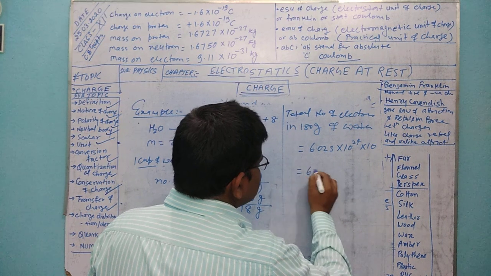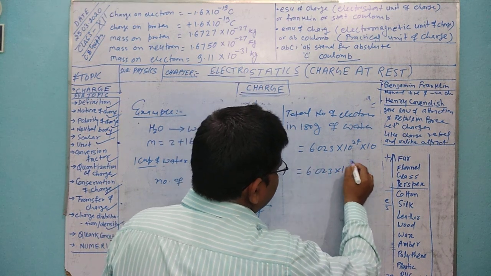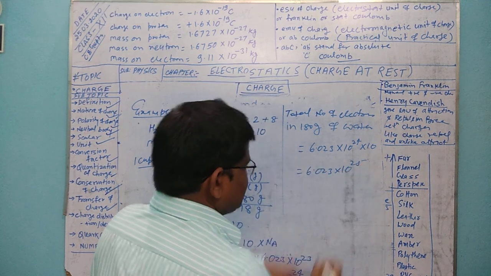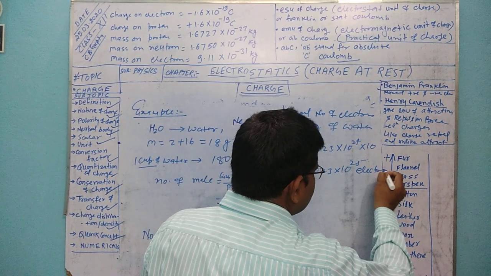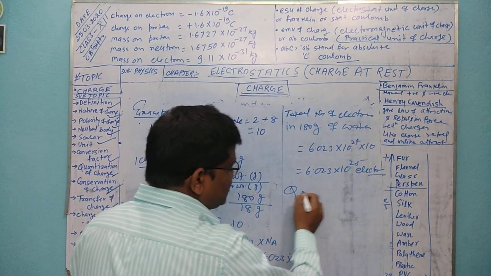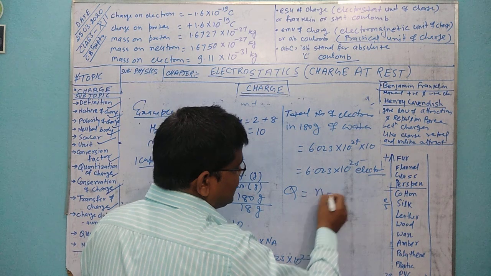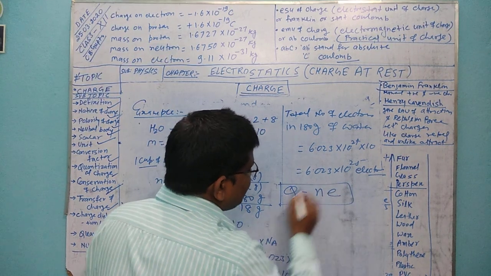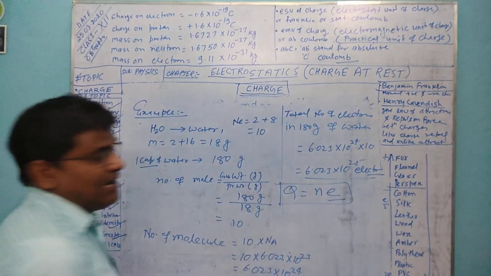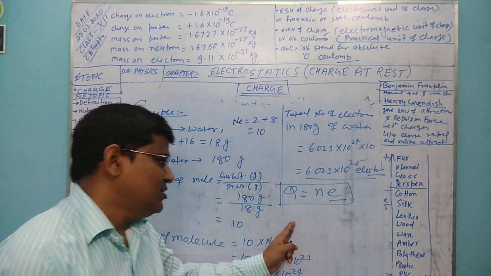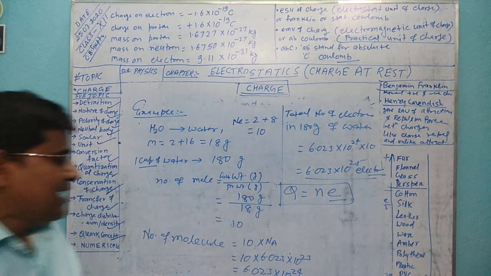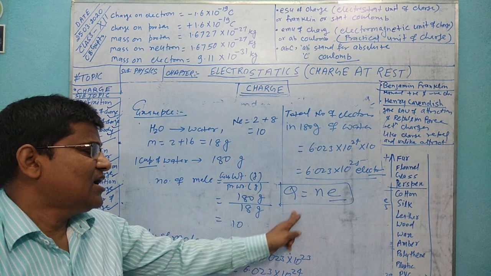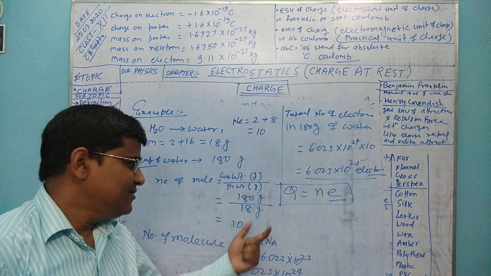It means 6.023 into 10 to the power 25 electrons. This is the number of electrons. But if you want to find the charge, then you can multiply this number by the value of E, and you can easily calculate the amount of charge. This is very simple.